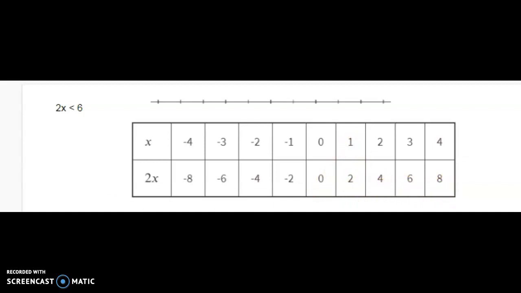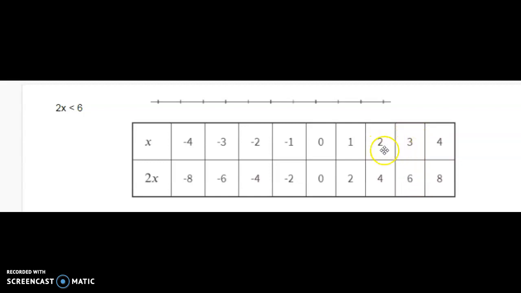So what we're thinking about now is looking at our table. What value of x times 2 will give us a number that is less than 6? When we look over here, we see that 2 times 3 will give us 6. That isn't less than 6.